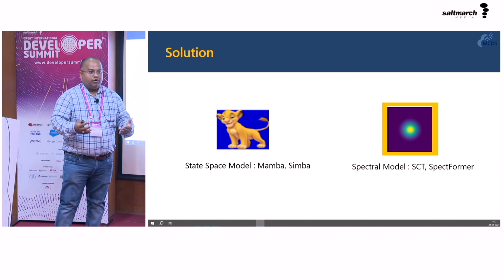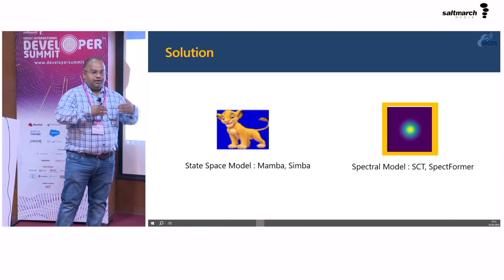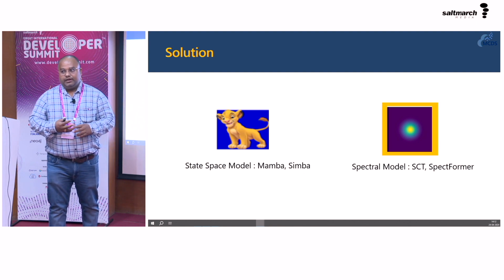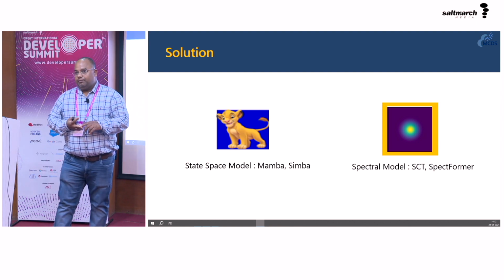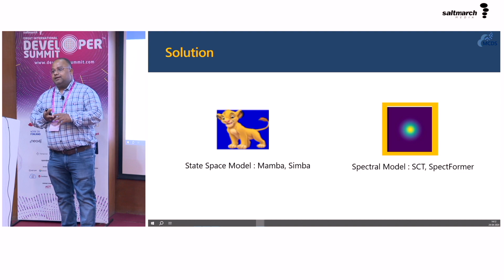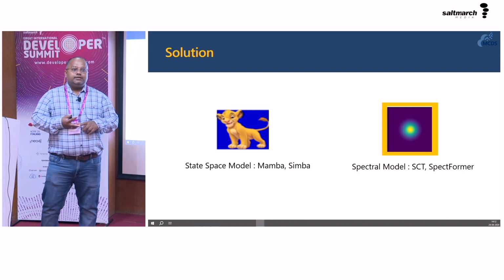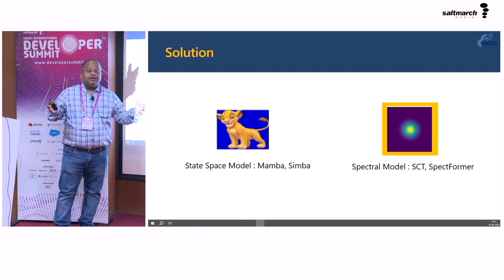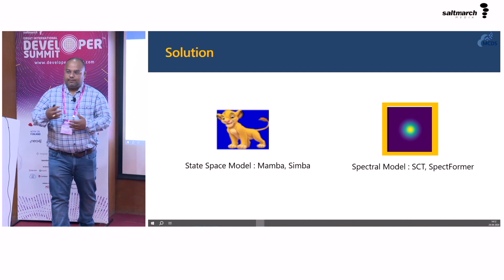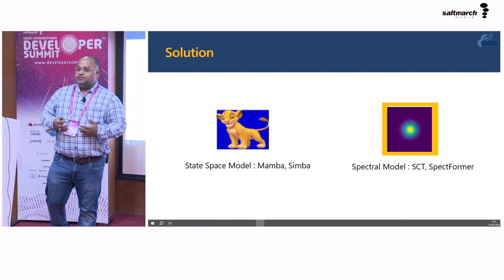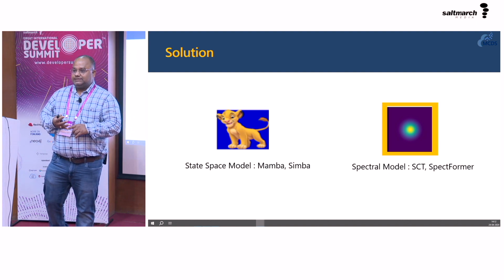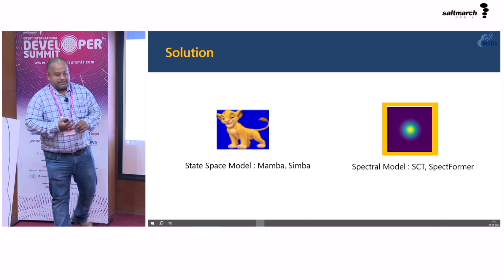The Fourier transform in the spectral model converts the time domain to the frequency domain. All the frequency domain operations depend on and capture global information. When you have millions of tokens, this complexity savings matters.